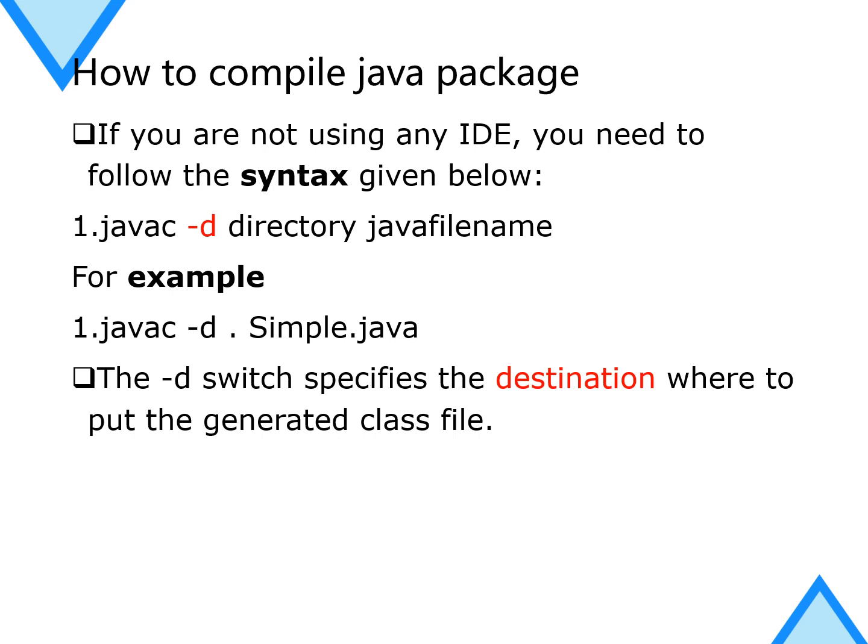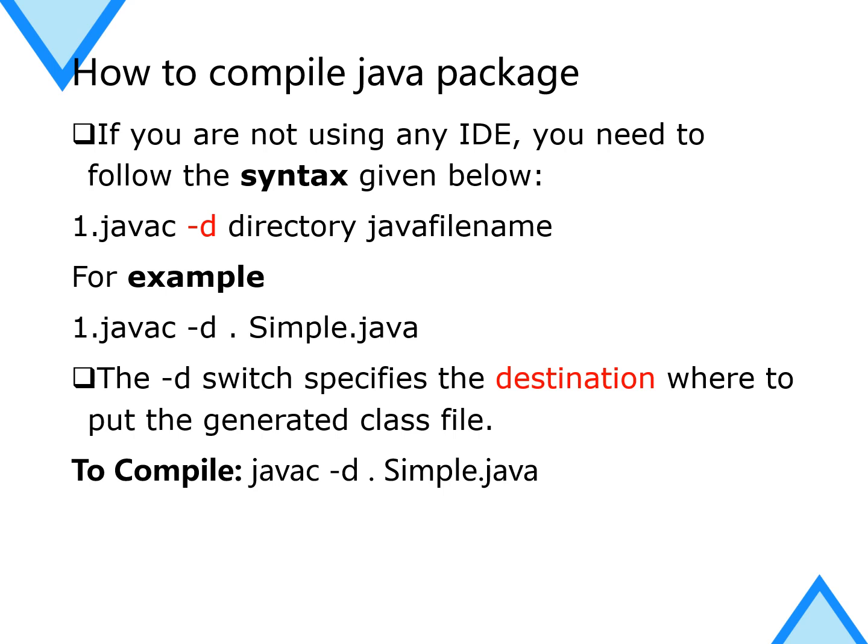The -d switch specifies the destination where to put the generated class file. When the program is compiled, where to put the bytecode, the class file. If your compiler and your program are in the same directory, then there is no need to put the path.